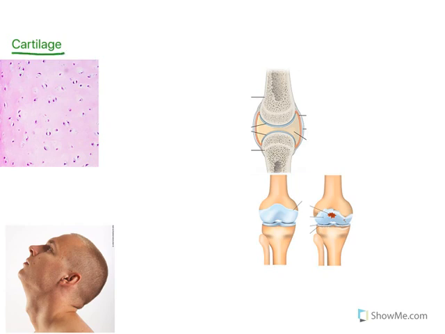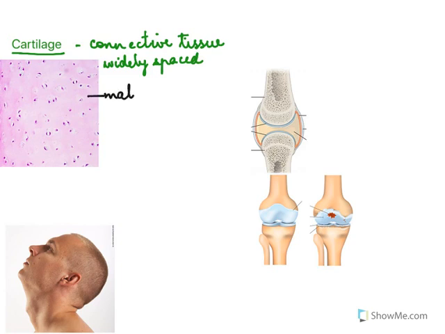Cartilage is another kind of connective tissue. The cells in the cartilage are widely spaced, and the matrix of the cartilage is made up of protein and sugar.